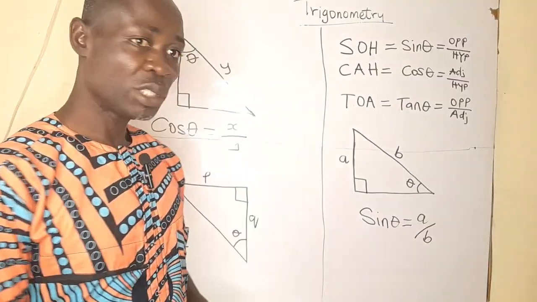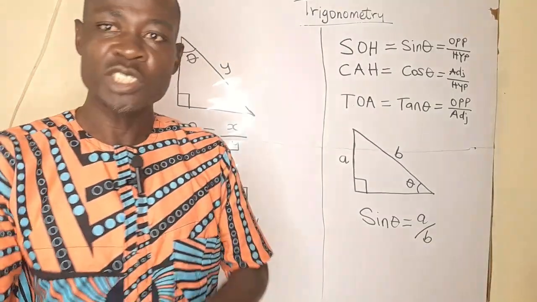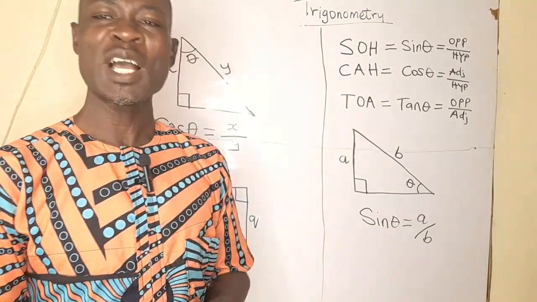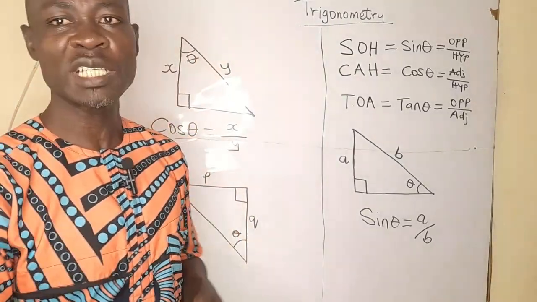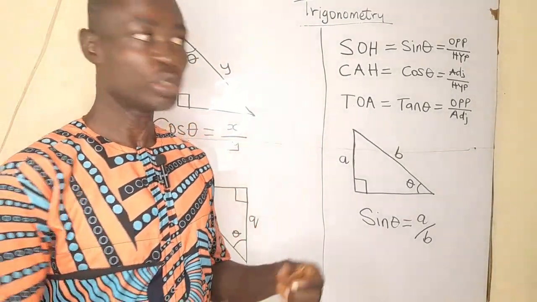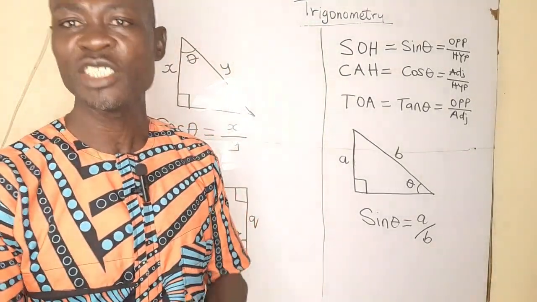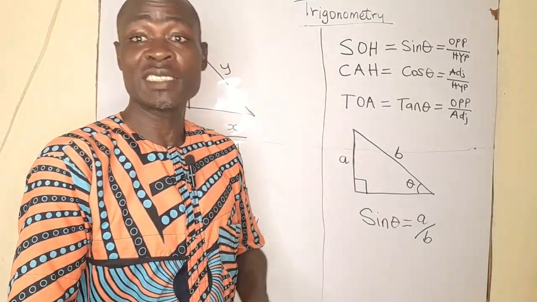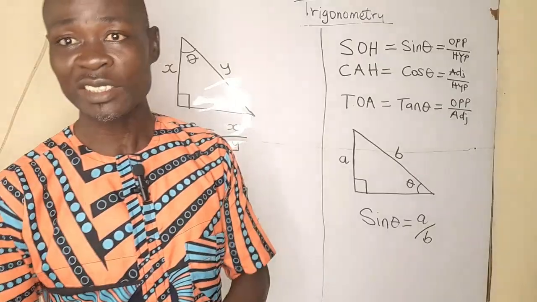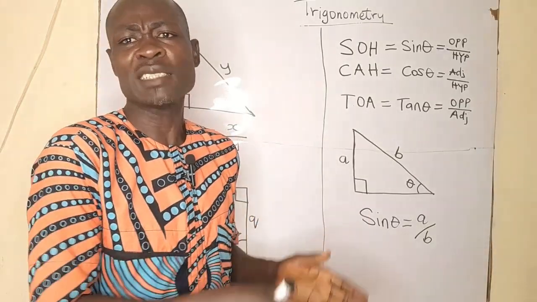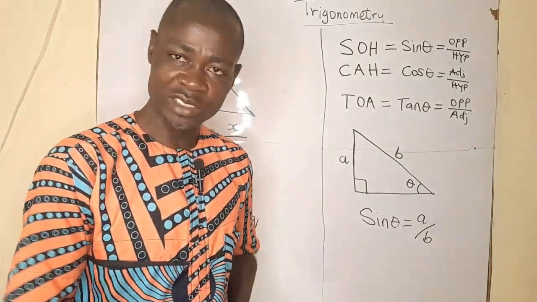Going deeper into trigonometry, we need to analyze the trigonometric ratios. They are very important. We need to understand this trigonometric ratio so that solving problems won't be an issue. Already we have recognized the sides that are opposite, hypotenuse, and adjacent by looking at the triangle being a right angled triangle.